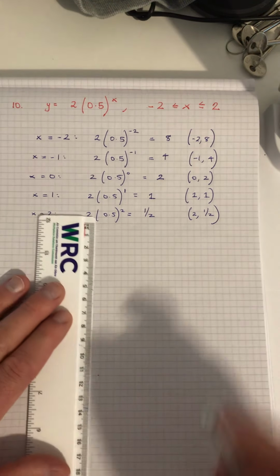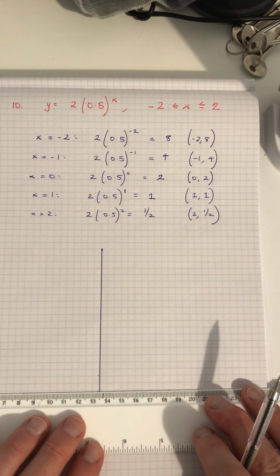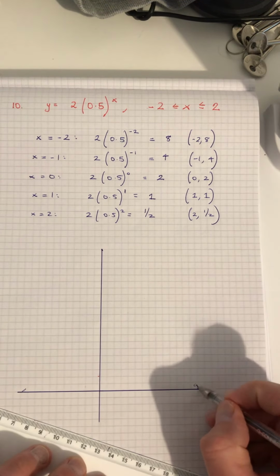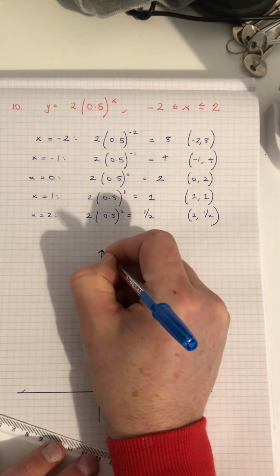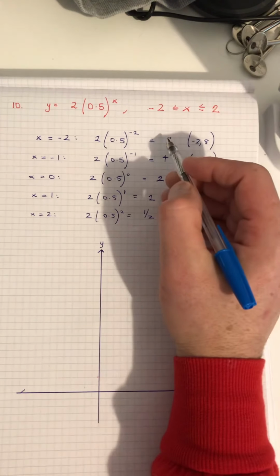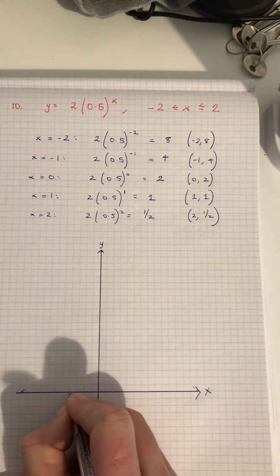And like so, you have your x and your y axis. Your x and your y. Okay, so this time we need to get up as far as 8. So minus 1.